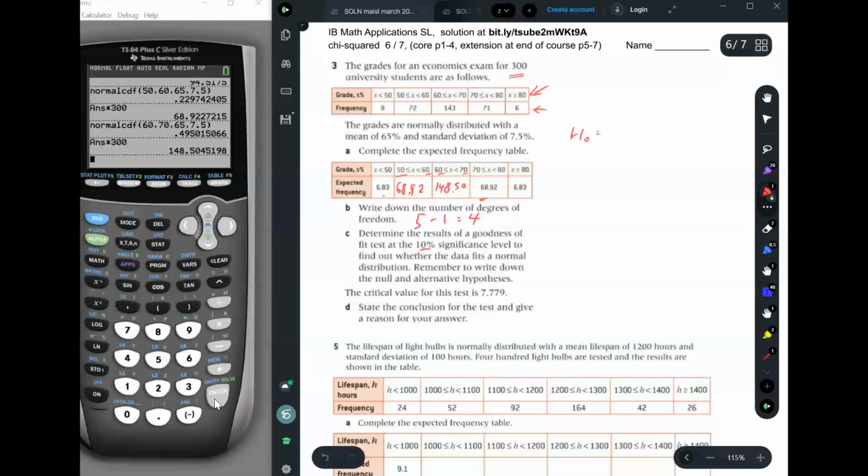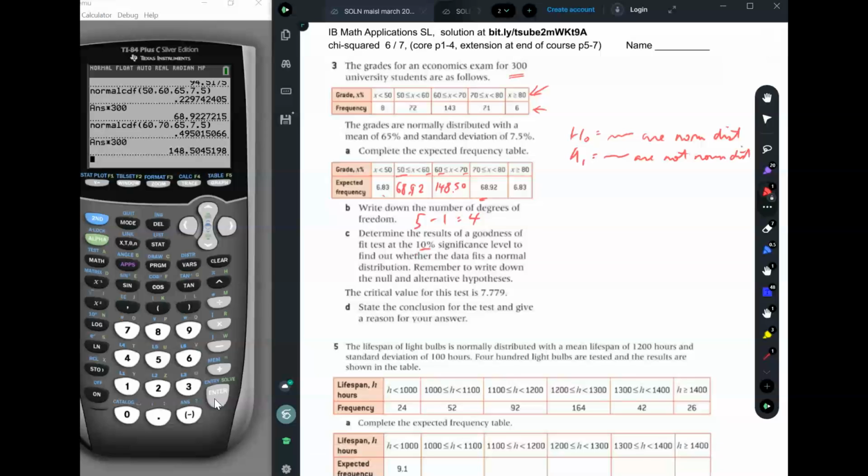So I'm going to write that the null hypothesis is that the grades of an economics exam are normally distributed. And the alternative hypothesis is the grades of an economics exam are not normally distributed.